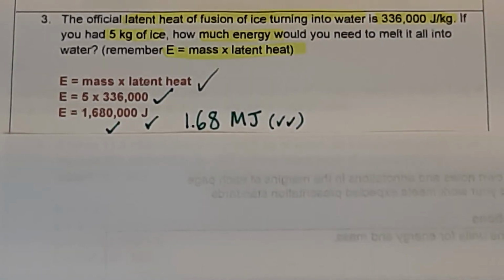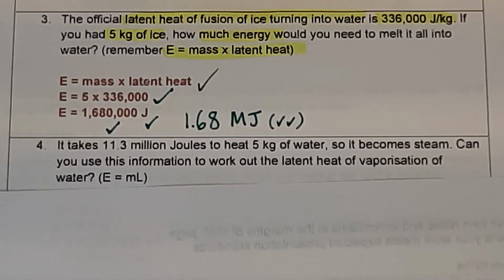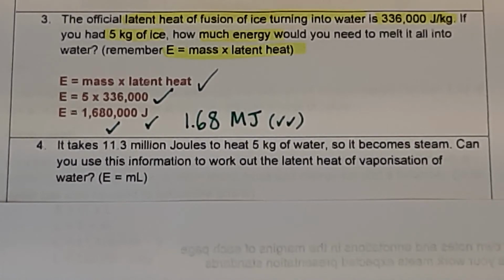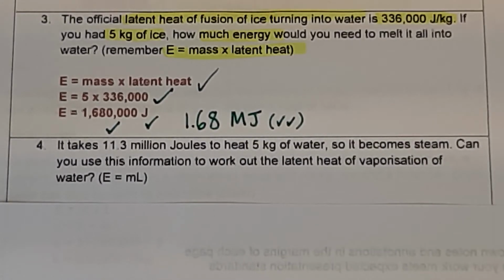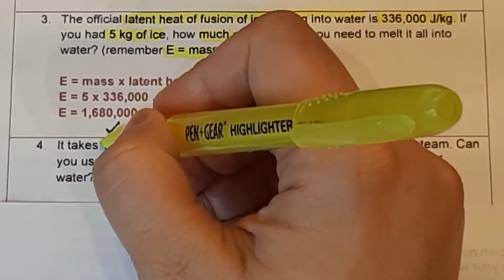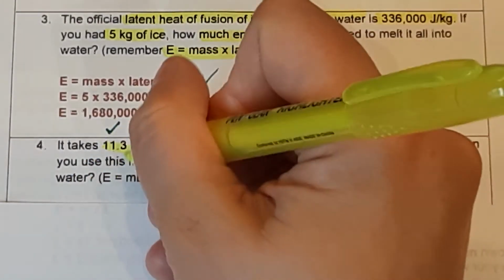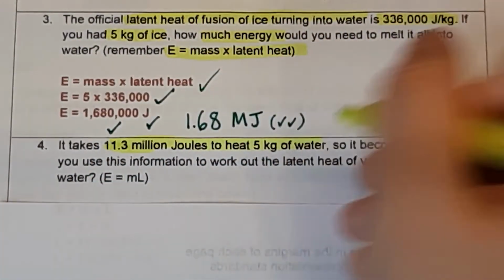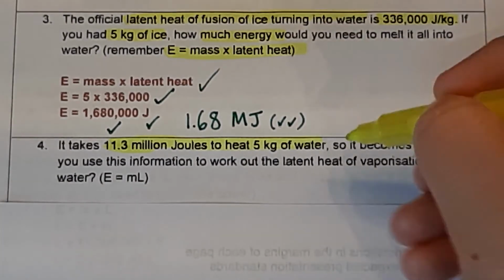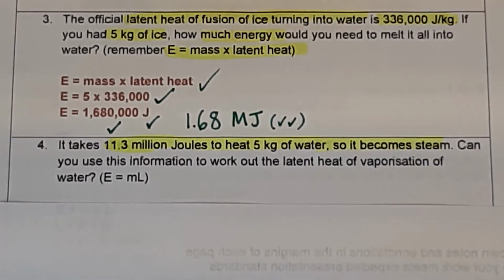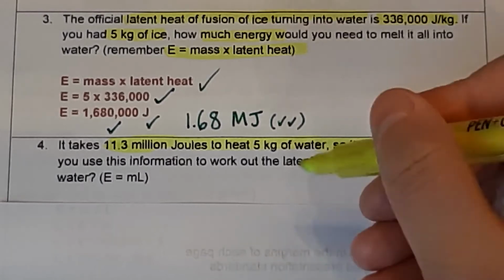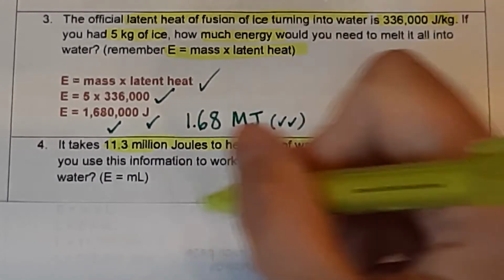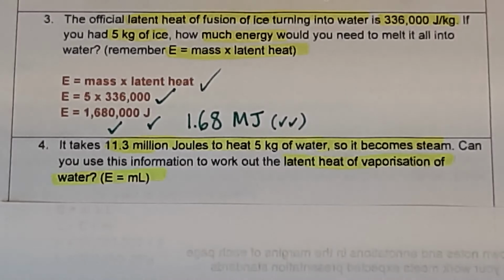Okay, question 4. It takes 11.3 million joules to heat 5 kilograms of water. Let's highlight these key points. So it becomes steam. Can you use this information to work out the latent heat of vaporization of water using the equation?